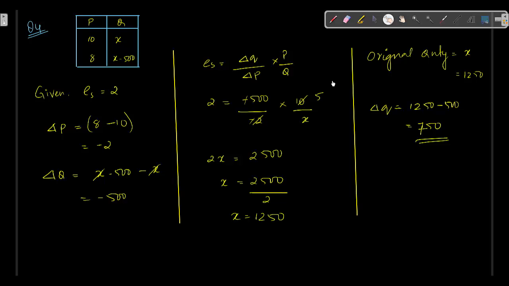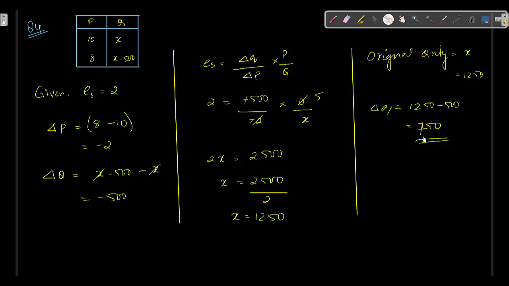So 2 fives are 10. Minus minus you can cut. So we are left with 2 into X, cross multiply, is equal to 5 into 500, that is 2500. So X is equal to 2500 divided by 2, we got 1250. So therefore the original quantity is 1250. The change in quantity is 1250 minus 500, so the answer is 750.